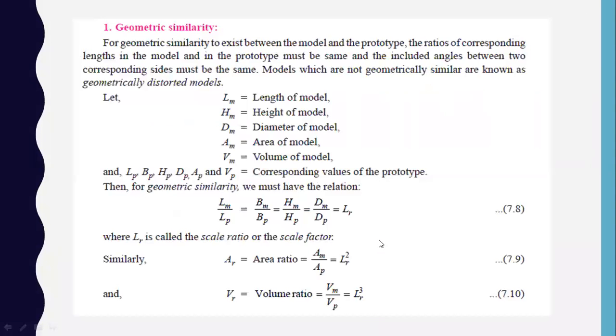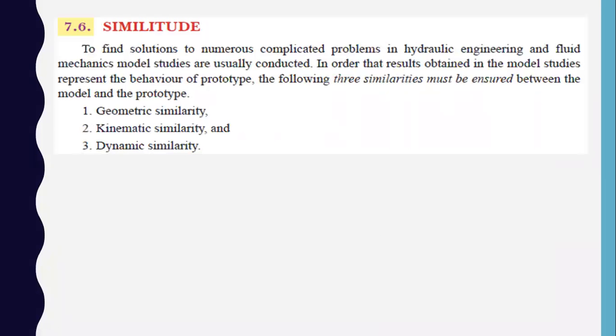Then next we will go on to similitude. So, what is similitude? To find solutions to numerous complicated problems in hydraulic engineering and fluid mechanics, model studies are usually conducted. In order that results obtained in the model studies represent the behavior of the prototype, the following three similarities must be ensured between the model and the prototype.